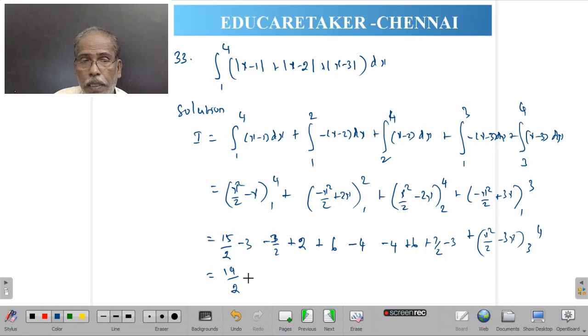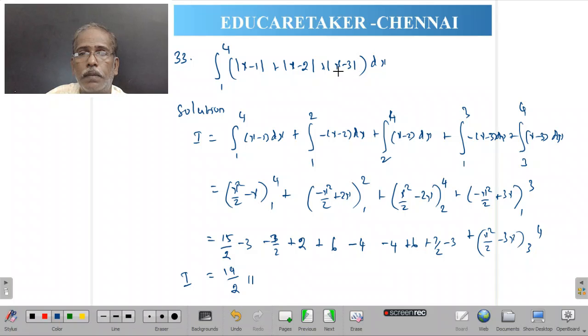So 19 by 2 alone is the final answer for the integral of mod of x minus 1 plus mod of x minus 2 plus mod of x minus 3 from 1 to 4. So let us check this once again. From 1 to 4, x minus 1 is positive. From 1 to 2, x minus 2 is negative, so minus of (x minus 2); 2 to 4 is positive x minus 2.